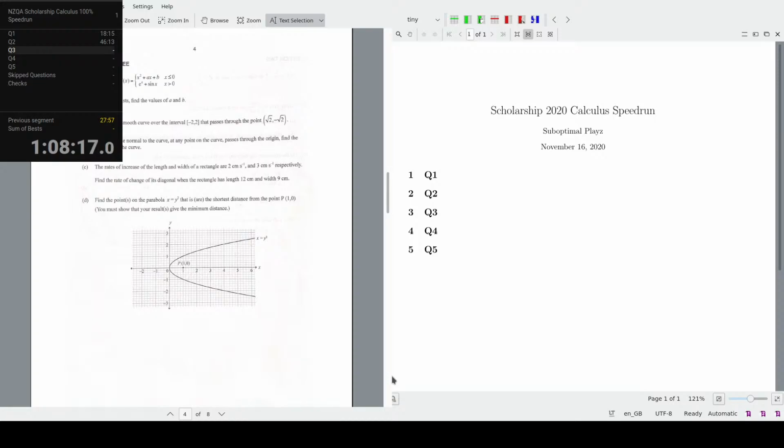So t equal to 1 on root 2 and -1 on root 2 are absolute minimums. Right, there we go. And that should just work. And that is question 3 done. Space to split, right? Yeah, okay. Cool. Question 4.